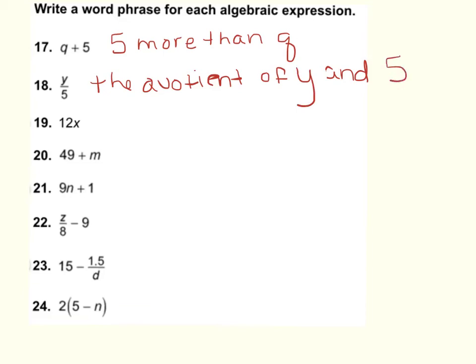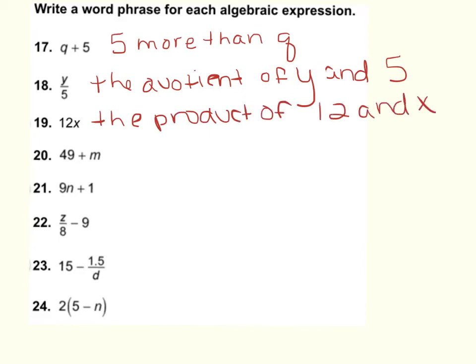You always list the one that's on the top of the fraction first. For the next one, we'd have product, so the product of 12 and x. Next we'd have addition, so the sum of 49 and m.